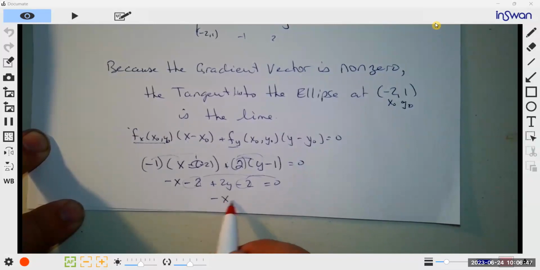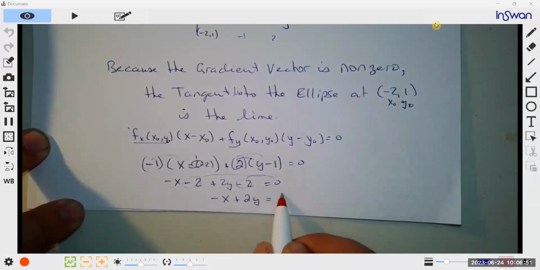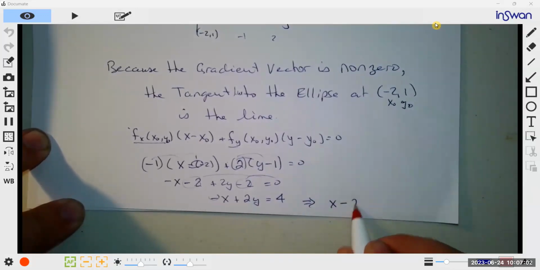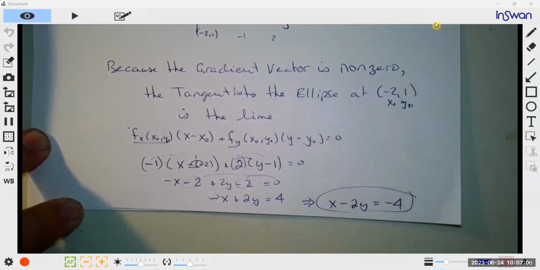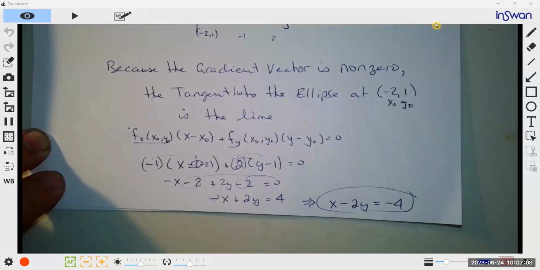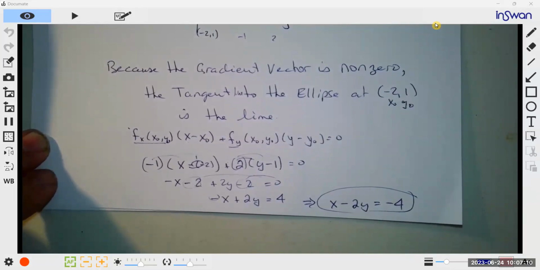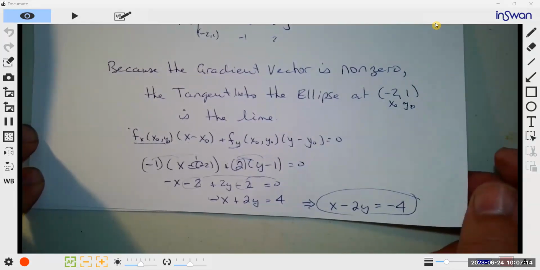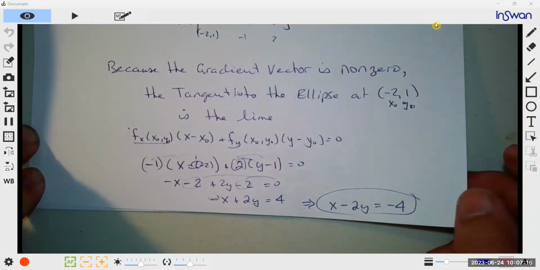We have -x plus 2y equals 4. Don't want to have a negative in front here, so just change everybody's signs. There. That's the equation of the line tangent to the ellipse.